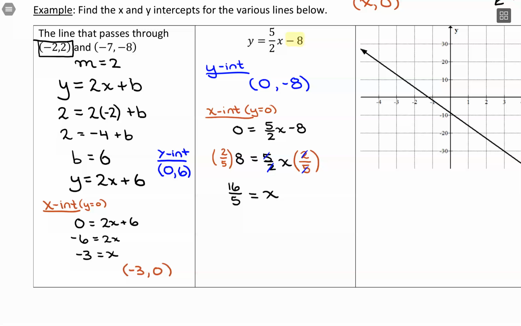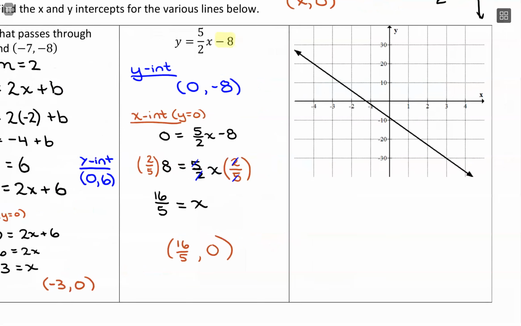So we get this kind of messy x-intercept, but it would be the coordinate (16/5, 0). So if we have the equation of the line, then we can just find the y-intercept, but we need to calculate the x-intercept by plugging in 0 for y.